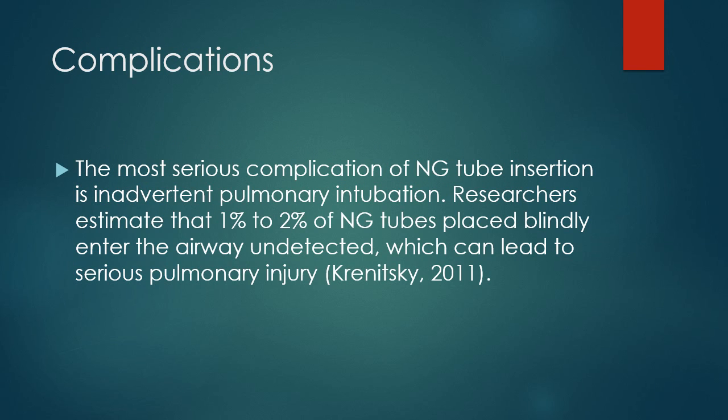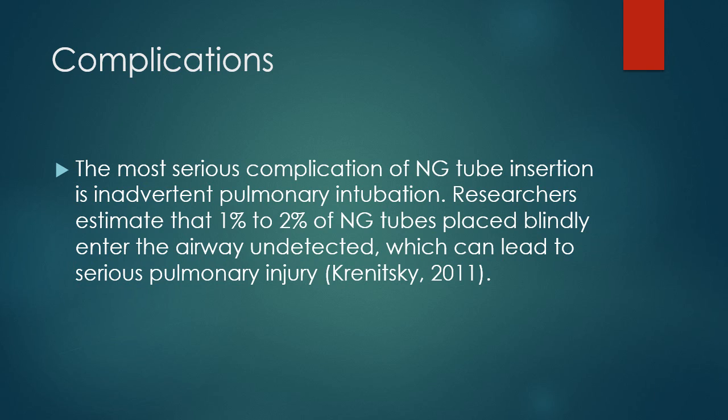Now, the most serious complication of NG tube insertion is inadvertently putting the tube into a bronchus, which is called pulmonary intubation. And sometimes the person's respirations will not even be affected by this, so by observation you wouldn't even know that you've put it into the airway as opposed to the esophagus.